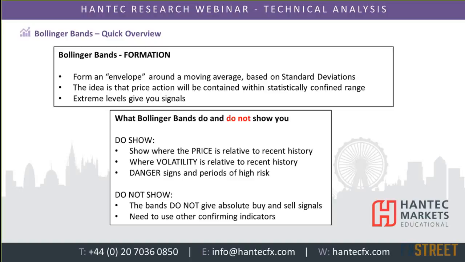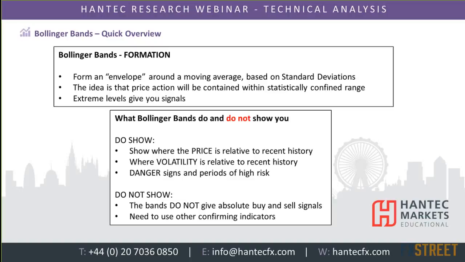Now, what do Bollinger Bands show you? Well, they show you where the price is relative to recent history, and also where the volatility, more importantly, is compared to recent history. They therefore give you danger signs and show periods of high risk. What they don't give you, however, and I stress this, is absolute buy or sell signals.